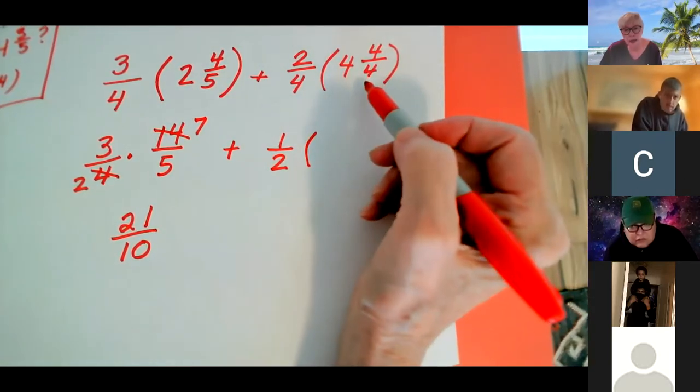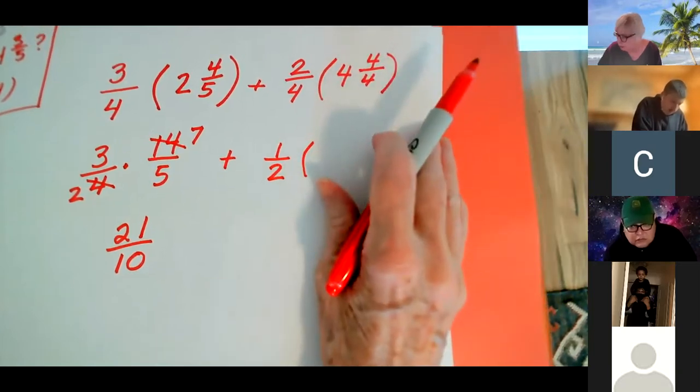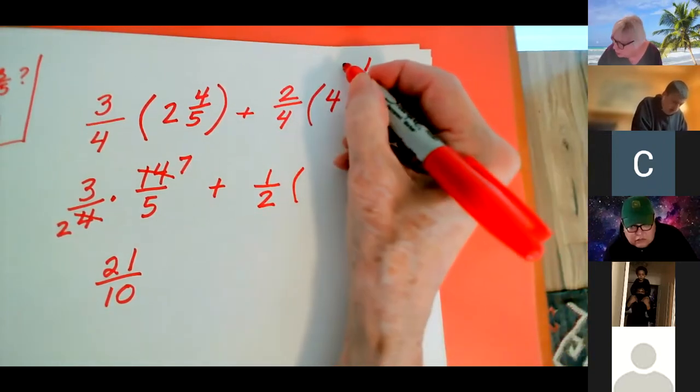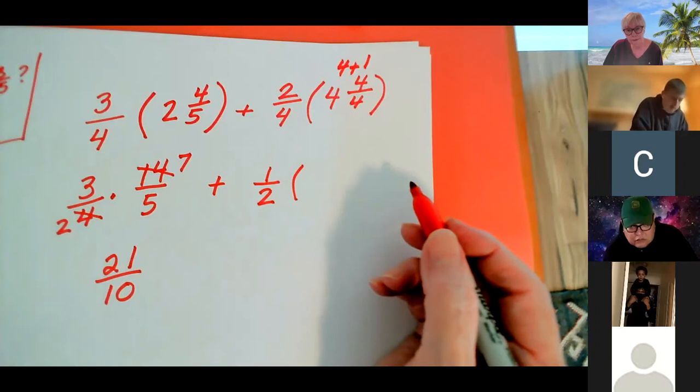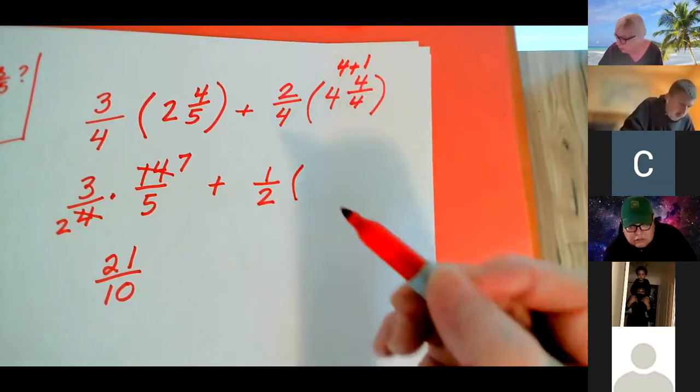The second thing that annoyed me was this. 4 divided by 4 is actually 1. So this is 4 plus 1. This is 1, this is 4. 4 and 1 is 5.